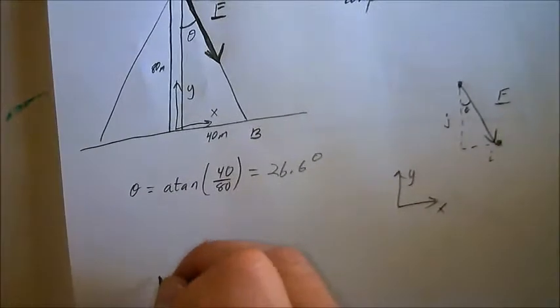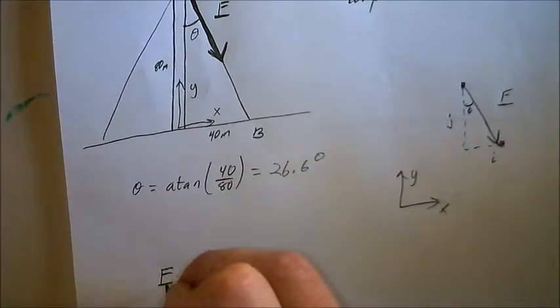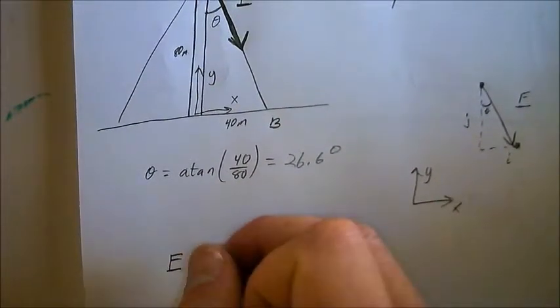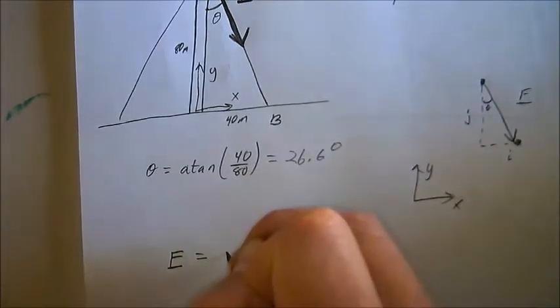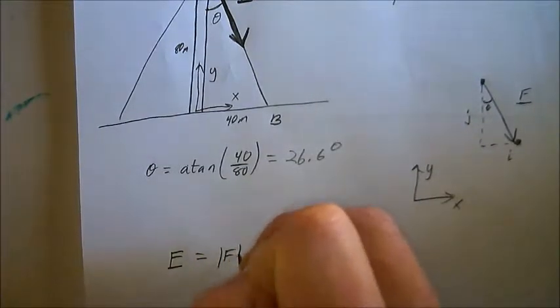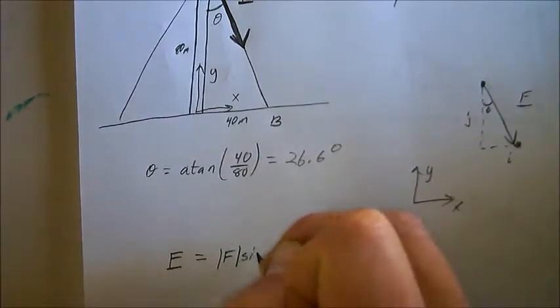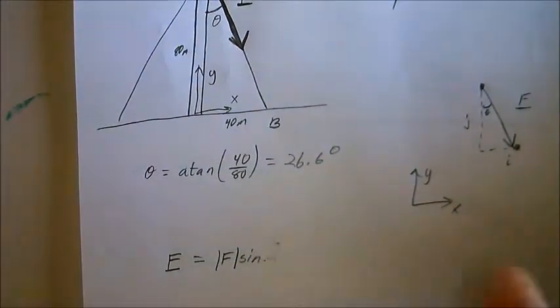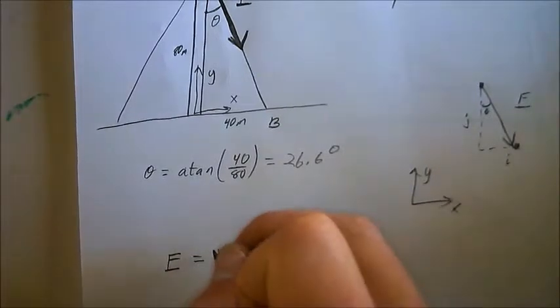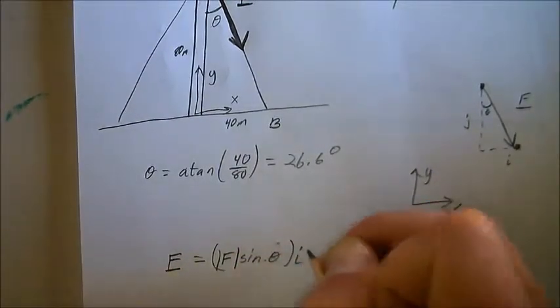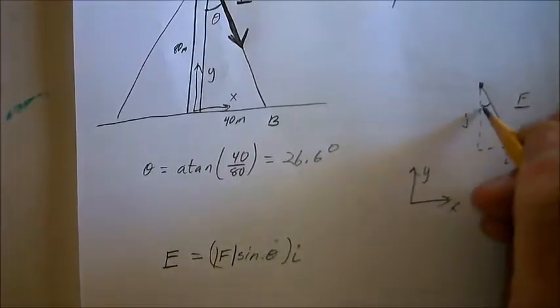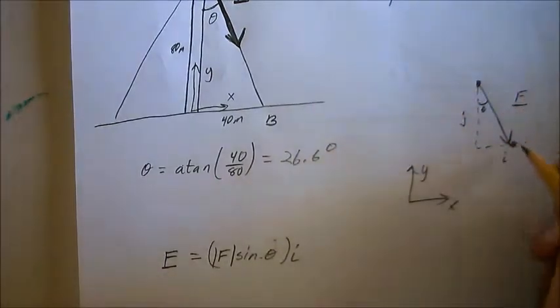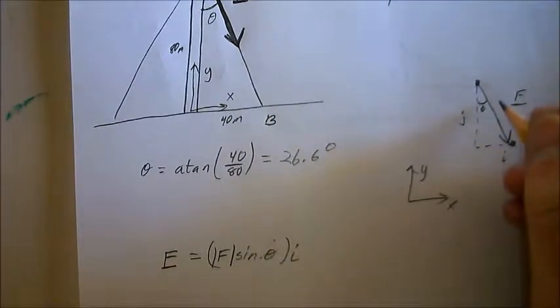So the total force, F, we know is 900 newtons, is going to equal the magnitude of F sine of alpha, or no, not alpha, theta, sorry. Theta, and that's going to be in the i direction. So we're basically taking the sine of this angle and the magnitude of this, which is 900 newtons.